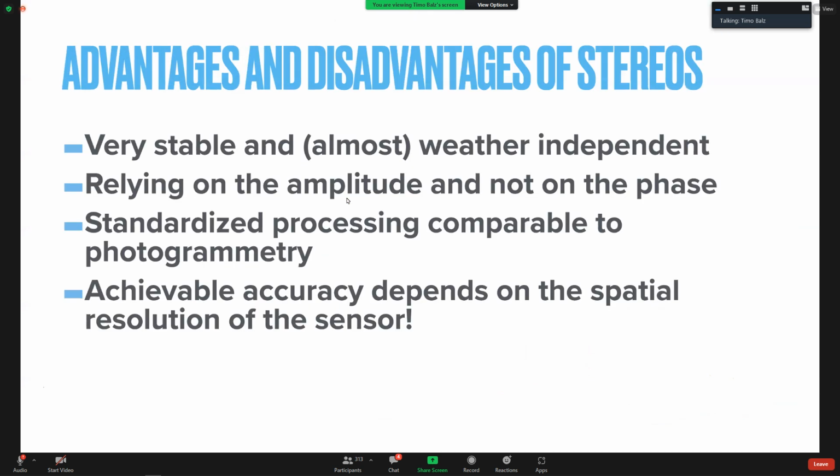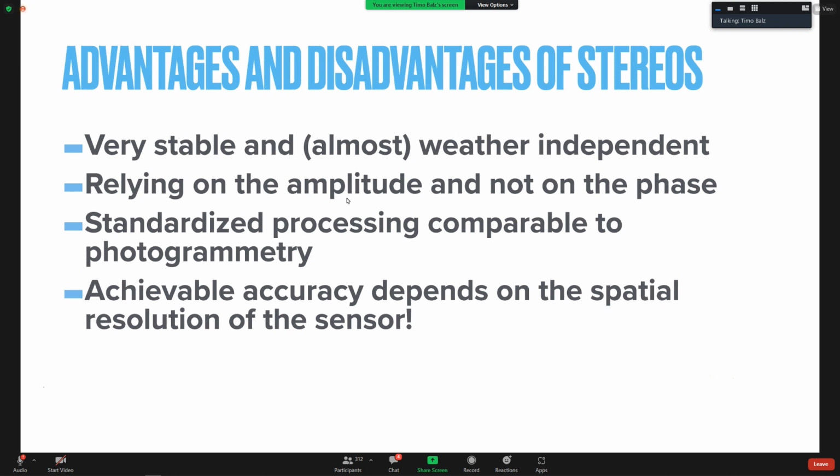Okay, advantages and disadvantages. It's very stable and almost weather independent. It just uses the amplitude, does not use the phase, like we talk about later, which makes it more stable. And it's very comparable to photogrammetry, so you can use a standard processing scheme, right? However, the accuracy that you can achieve depends on the spatial resolution of the sensor.